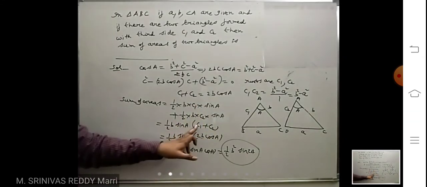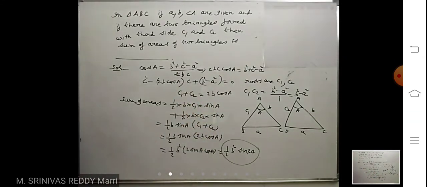Sum of the areas, after that you apply c1 + c2. Like that, whenever two values are there for the third side.